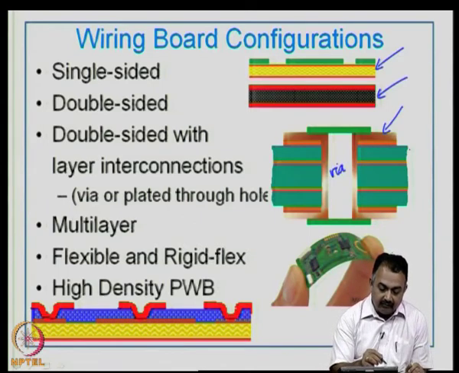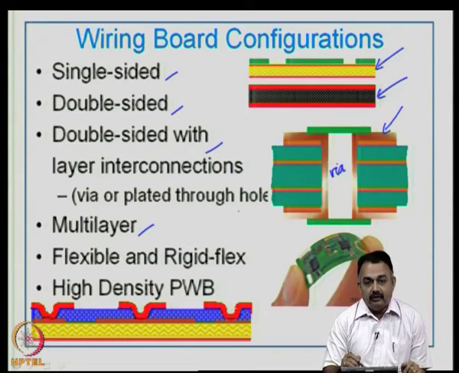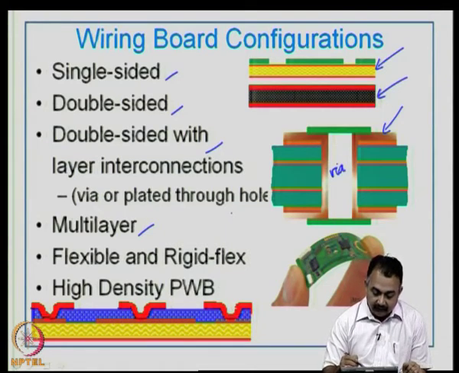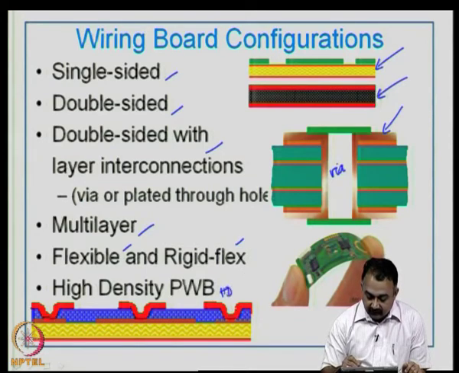So, therefore, you have a single sided board, a double sided board without via interconnections, a double sided board with via interconnections, and a multi-layer board with via interconnections between different sets of electrical layers. Then you have rigid and rigid flex board and high density interconnect structures, HDI.